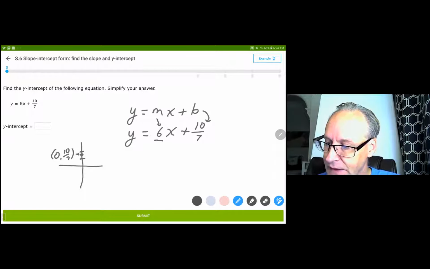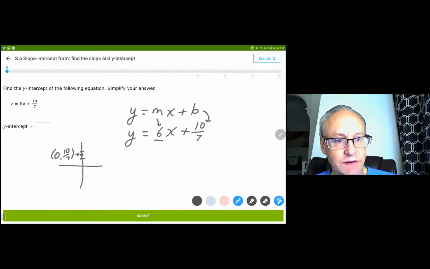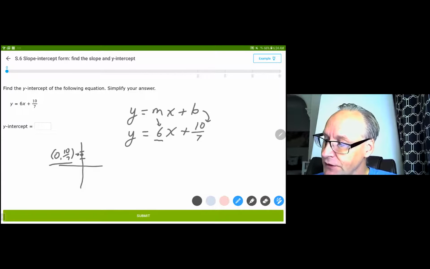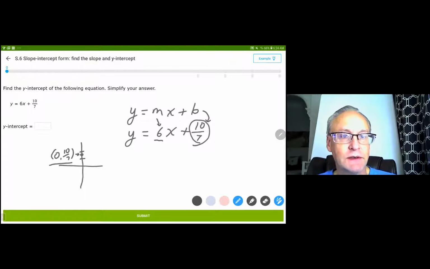It's the point at which the equation crosses the y-axis. Now they're going to tell you that 10 over 7 is the y-intercept, and a y-intercept is a point. Well, this is the y-intercept. This is its value. B is its value. So they probably should have just simply asked, what is the value of the y-intercept or something like that. Anyway, it's a technical point, but it is important.